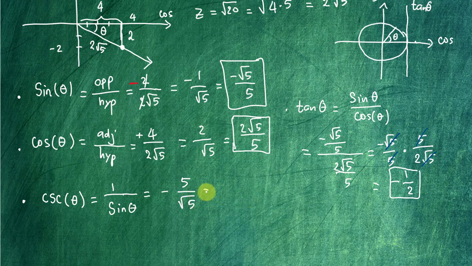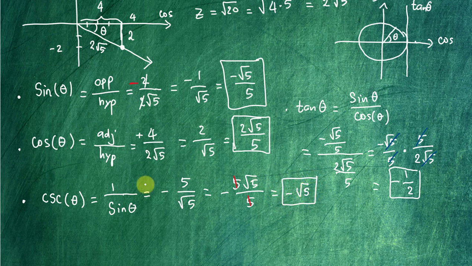Okay, and then I can simplify this further by multiplying the square root of 5 on the top and the bottom. That gives me 5 at the bottom, and now I can cancel out the 5, and that leaves me with minus the square root of 5.